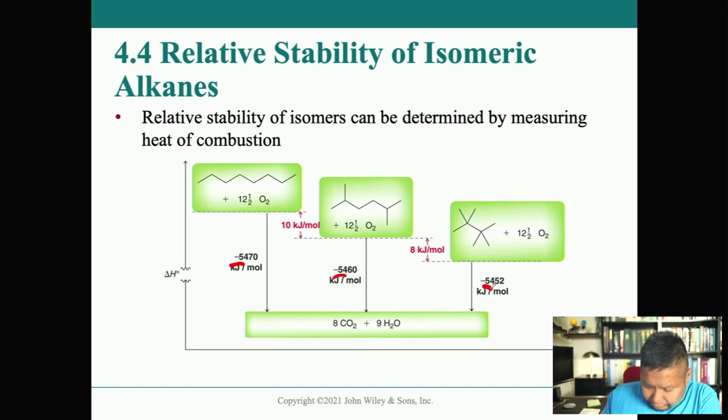If you remember from Gen Chem, when a molecule absorbs energy, the delta H is positive, and when it releases energy, it is negative. That's the difference between an endothermic reaction where heat is absorbed and an exothermic reaction where heat is released. In this case, heat is being released because they're all negative numbers.